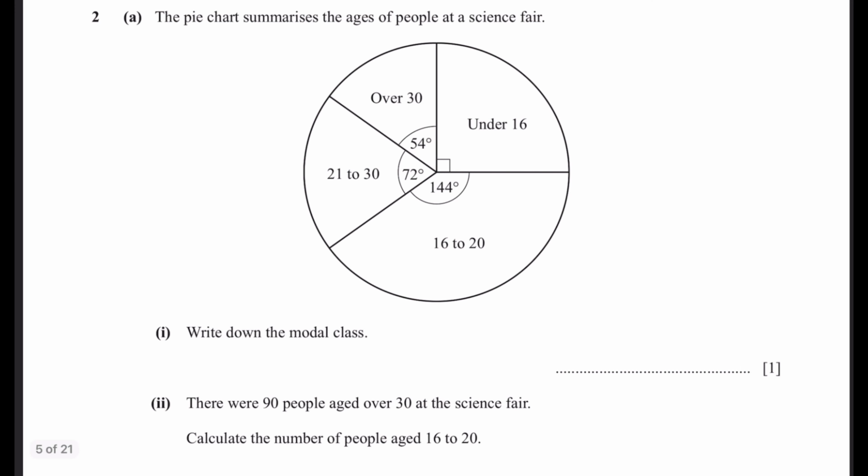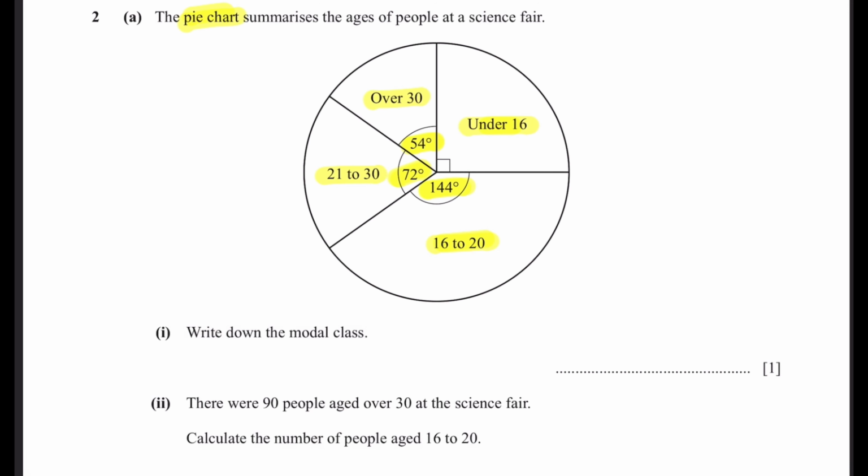This is the pie chart summarizing the age of people at the science fair. Over 30 is 54 degrees, 21 to 30 is 72 degrees, 16 to 20 is 144 degrees, and under 16 is this one.